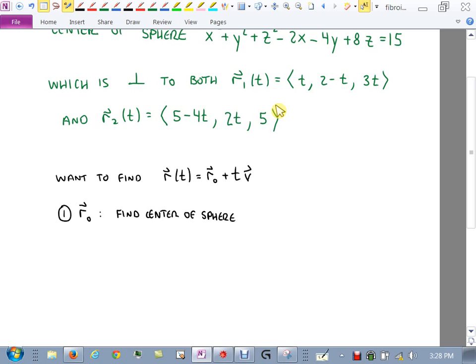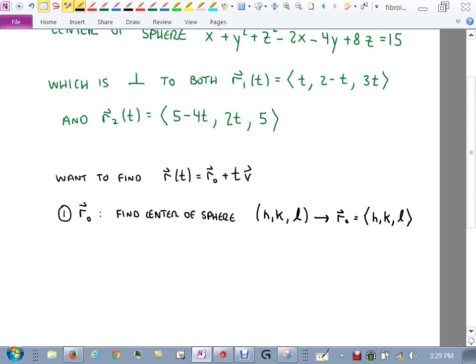Find the center of the sphere, right? That center will be h, k, l, and from that, I will create r naught, which will be the vector h, k, l. Agreed. Okay, so I've got r naught if I can do that.